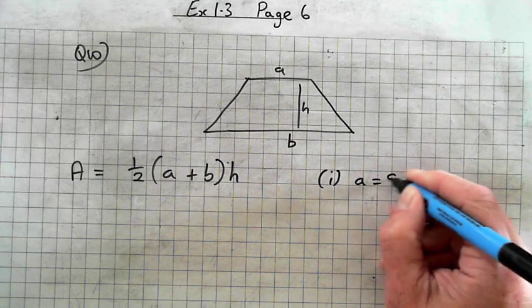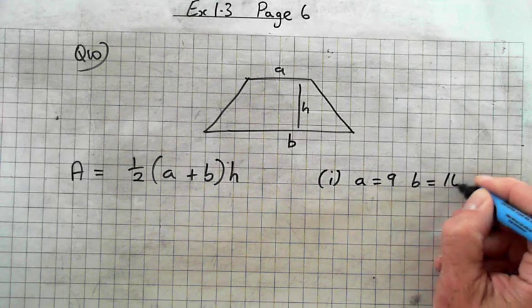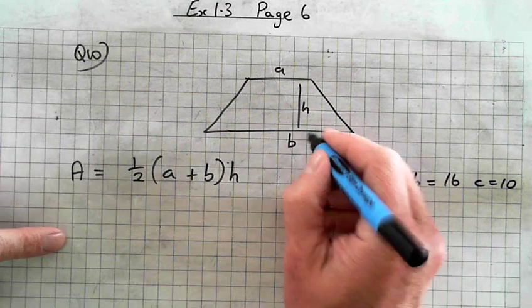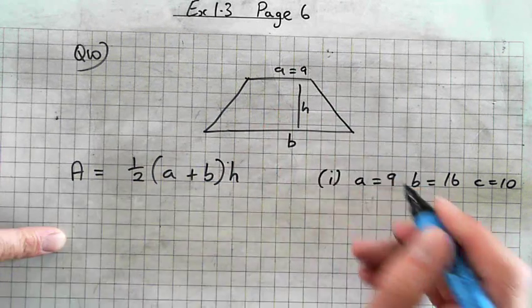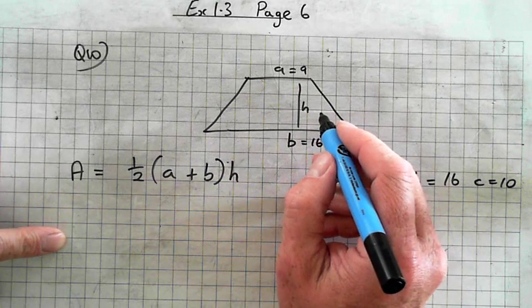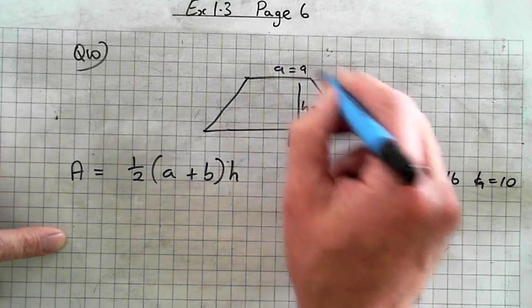Right, get the area if a is equal to 9, b is equal to 16, and h is equal to 10. Find the area of this object.